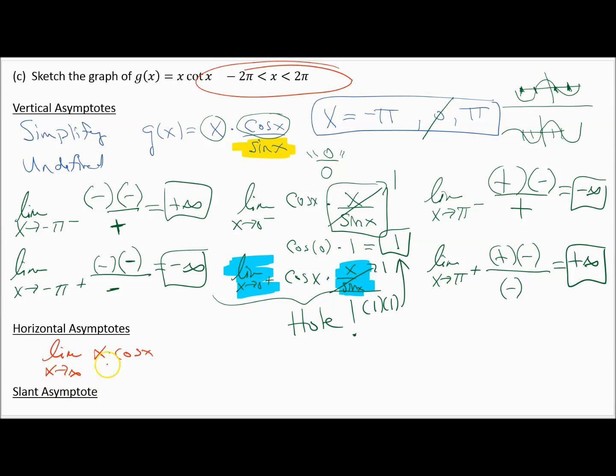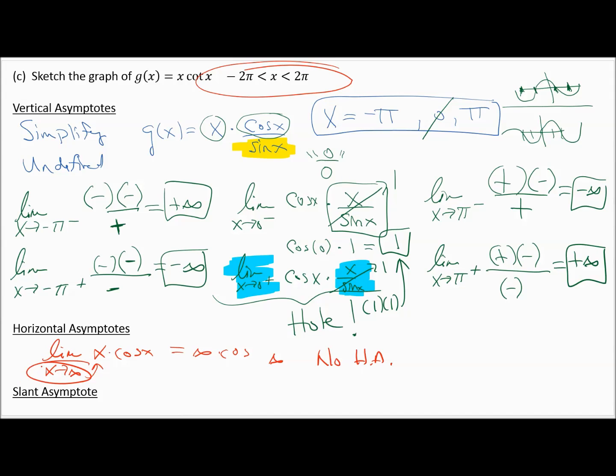So there is no horizontal asymptote to deal with in this case. Not only that, when you plug infinity right here, you do get infinity times the cosine, which is just equal to infinity. So either way, there are no horizontal asymptotes, or you consider the fact that you're only looking between -2 pi and positive 2 pi. So going out to infinity doesn't even make any sense.